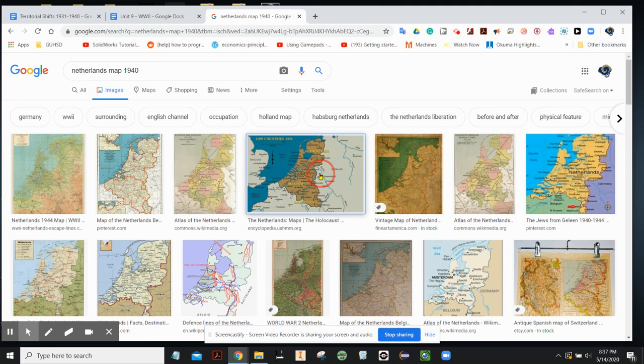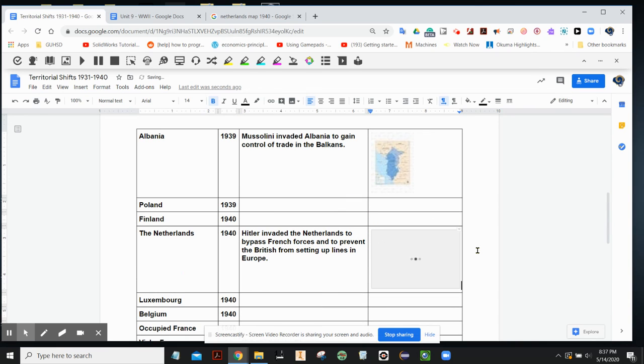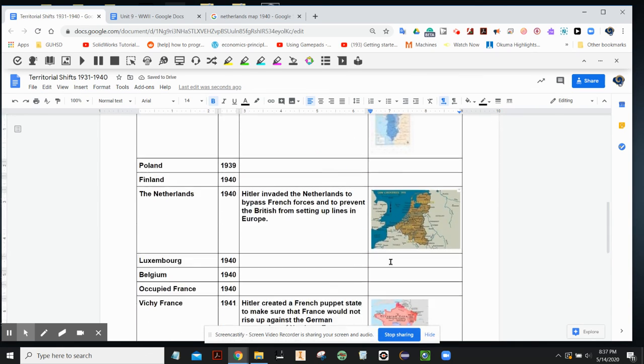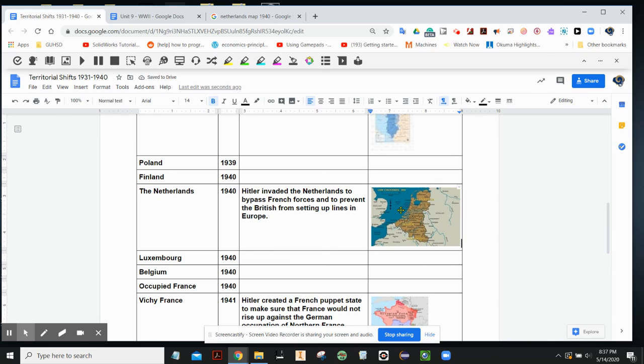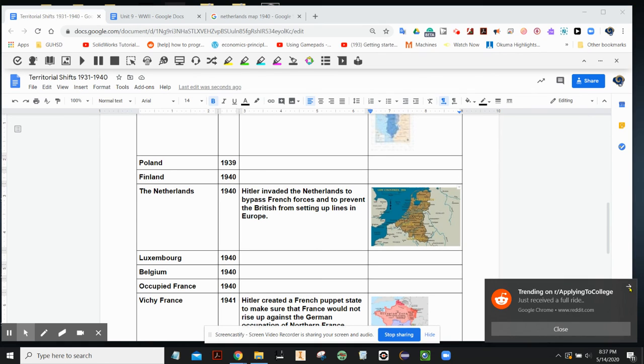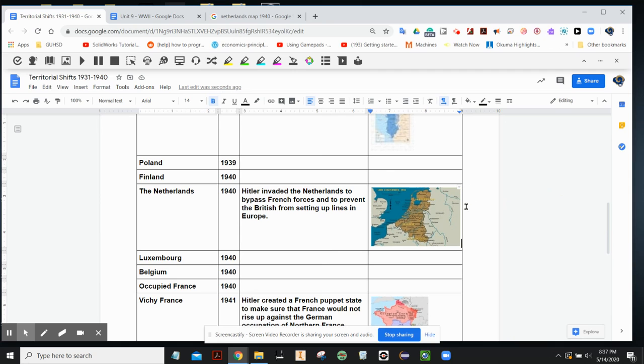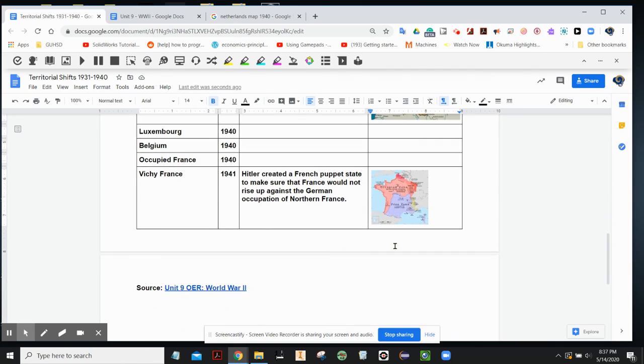This is a really good one because you can see how close it is across the British channel, right? You would see the Netherlands is here and England is here. And in order to control the British, you don't want the British to easily move their troops over and establish a battle line through the Netherlands, so you have to come and attack it first. And that was the reason why Hitler wanted to invade the Netherlands.